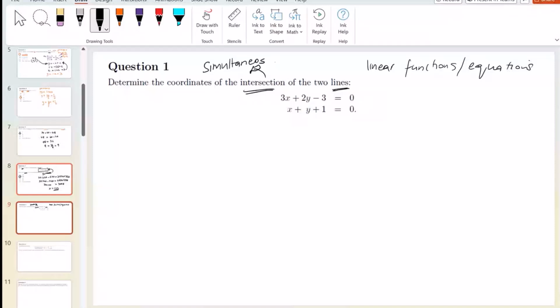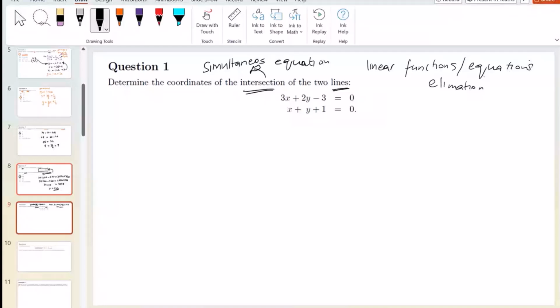So now we need to solve these things simultaneously. There's x and y. The most preferable method will be the method of elimination. Elimination means you eliminate one variable.